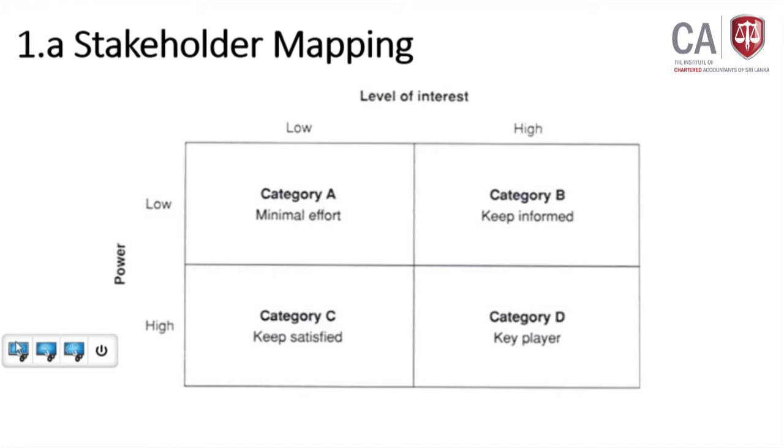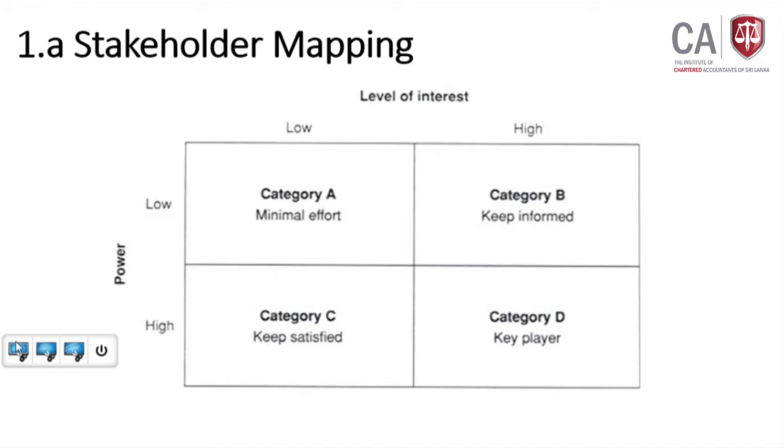Then category D, since they are the most important stakeholder group of an organization, the most appropriate strategy is to accept whatever we do.